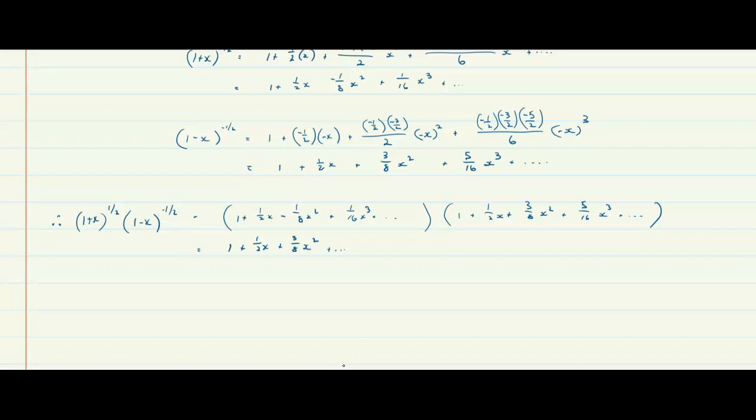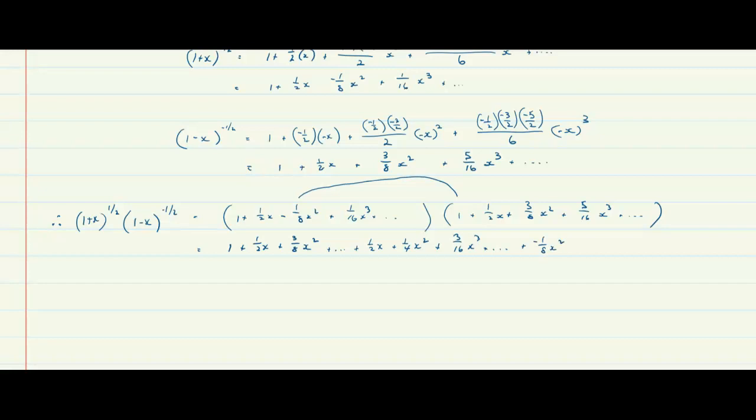So that'll be now a half x, so I'll add a half x in there. Then it's a half x by a half x, that's a quarter x squared. Then it's a half x by 3/8 x squared, so that's 3/16 x cubed, and that'll go on. But we're really only taking it to x cubed, so I'll take it to the next term, minus an eighth. I'm looking now at negative 1/8 x squared and running it through there, so that'll be minus 1/8 x squared.